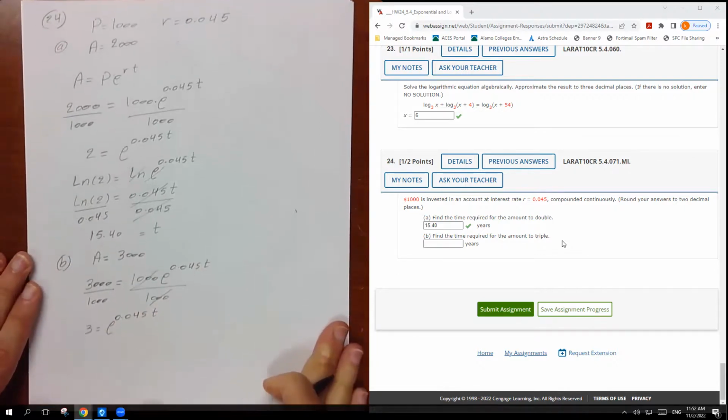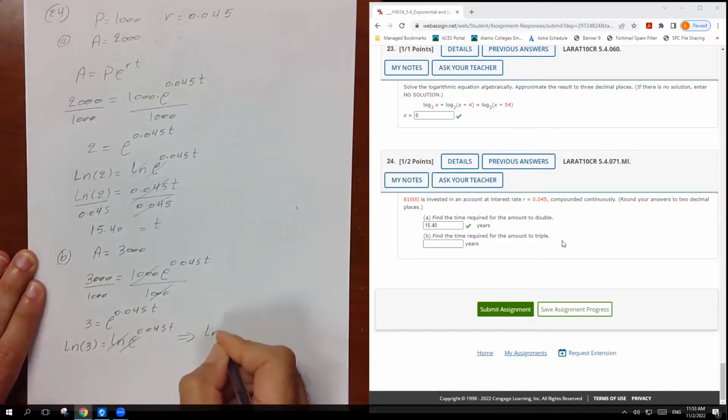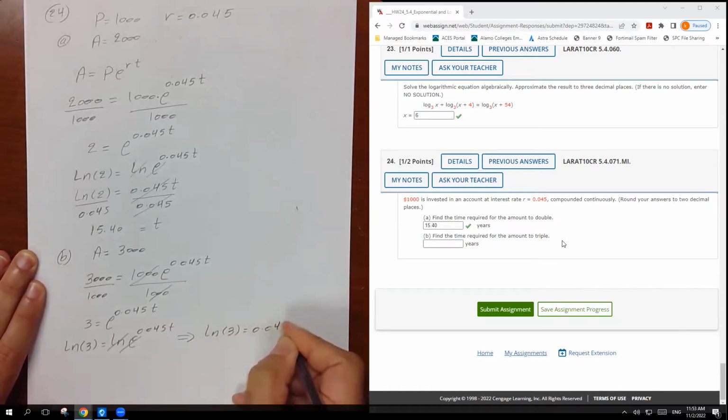Now we're going to take the ln of both sides. So it's going to be ln of 3 equals ln e to the 0.045 t. Cancel the ln with the e. So ln of 3 is going to be 0.045 t. Divide both sides by 0.045.